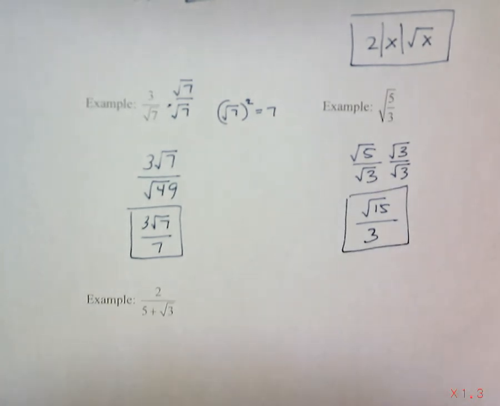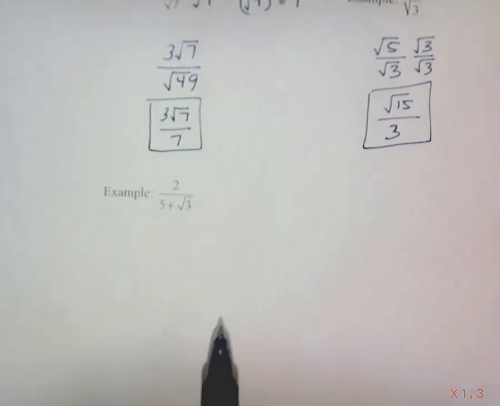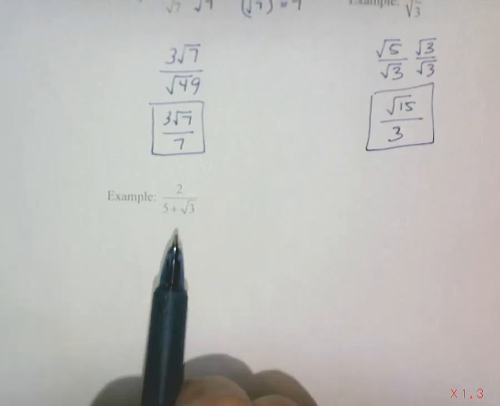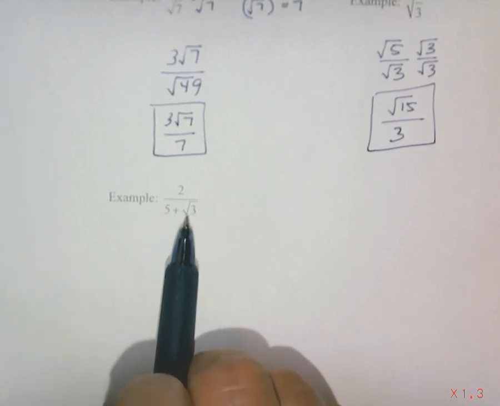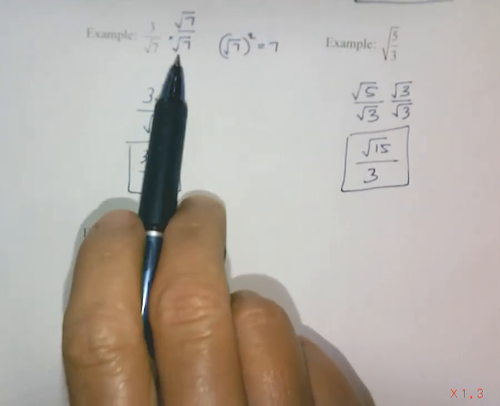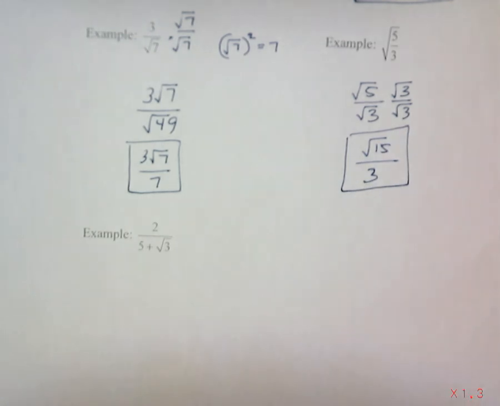And then a more complicated one. This is, as you go higher in math, you see more terms like this. What's going to happen is I can't just multiply by the square root of 3. When I multiply by the square root of 7 here, I got rid of the radical in the denominator. When I multiply by the square root of 3 here, I got rid of the radical in the denominator.